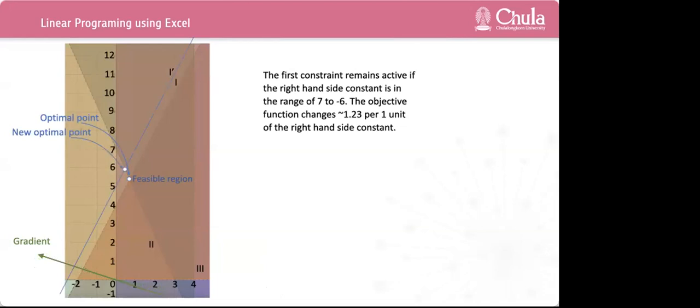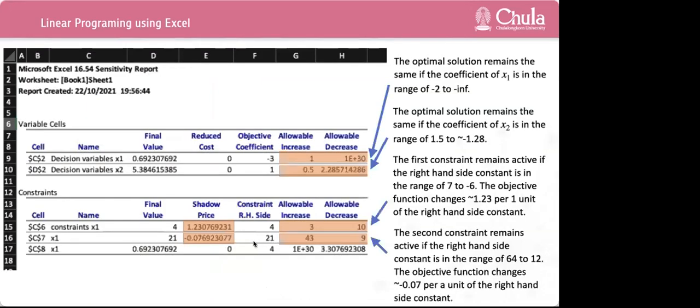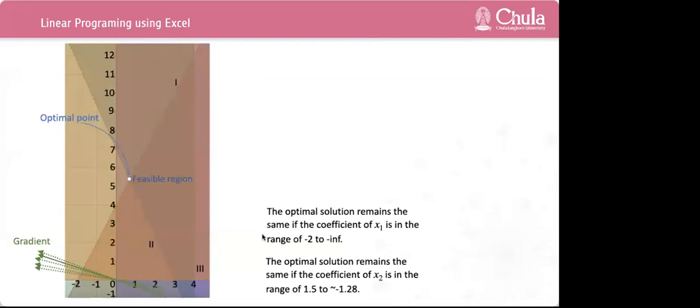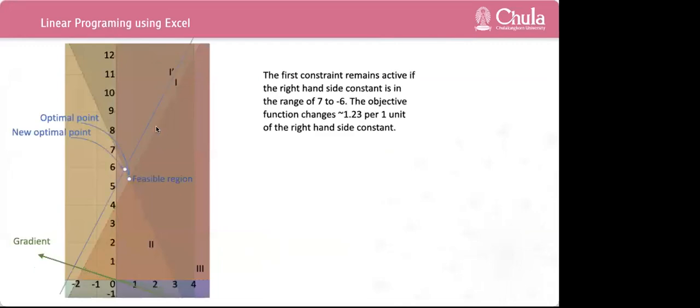In the case of the right hand side, if we change the right hand side, what does it mean? We shift the constraint. Once we shift the constraint, we change the optimum point. It affects the solution, of course, but we don't have to resolve the problem, because you know the gradient and the solution stays at the same corner.